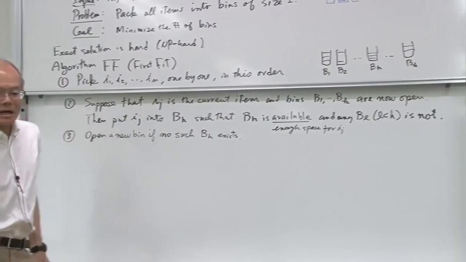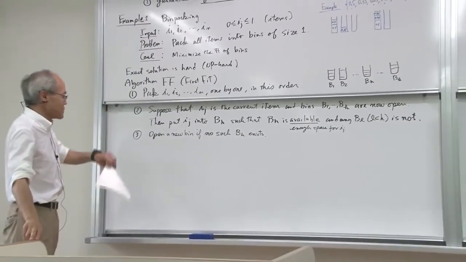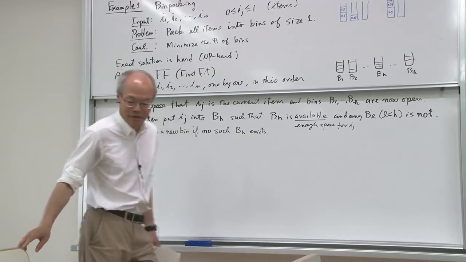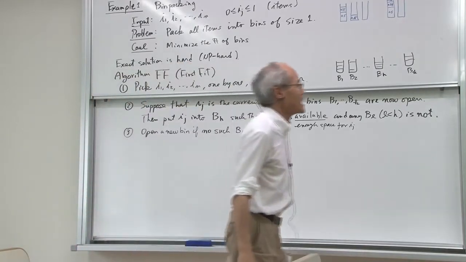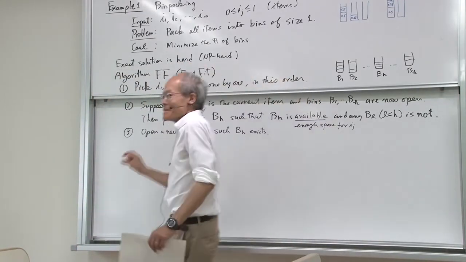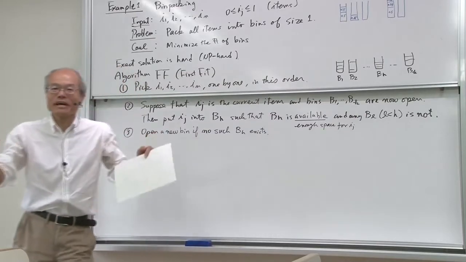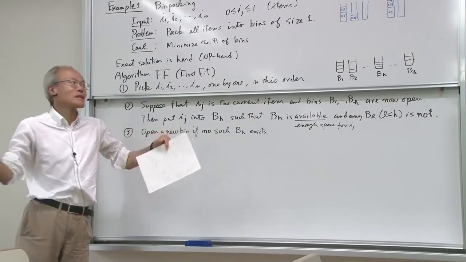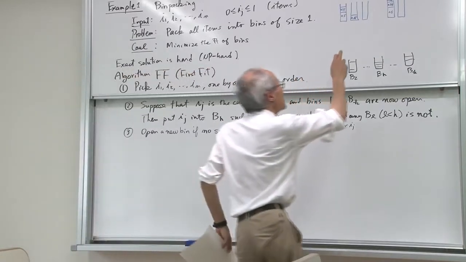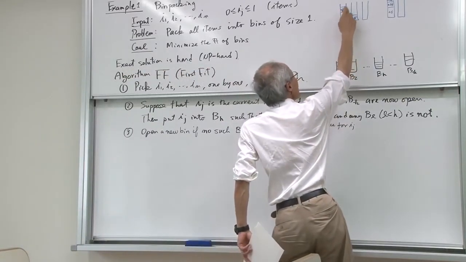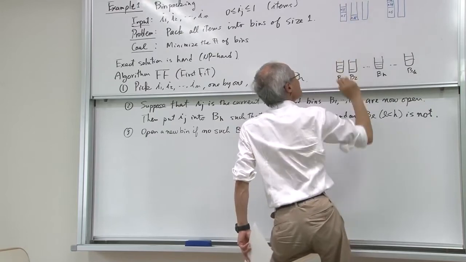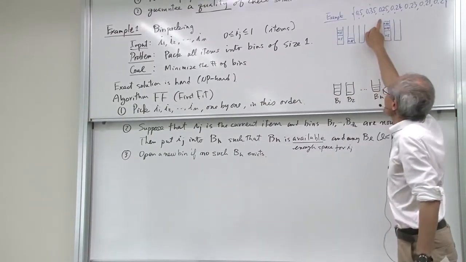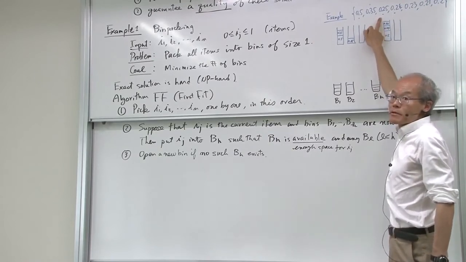We have one important assumption. This is quite obvious, but each item cannot be divided into two or more smaller parts. That's exactly what happens here. If you put 0.5 and 0.3, then the remaining space is 0.15, so that's not enough for 0.25.